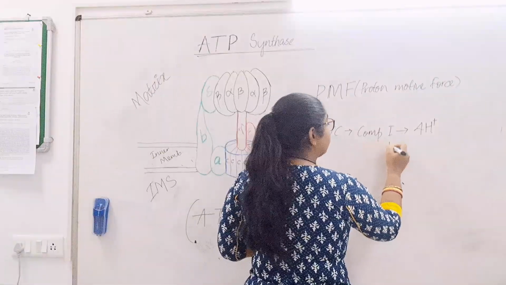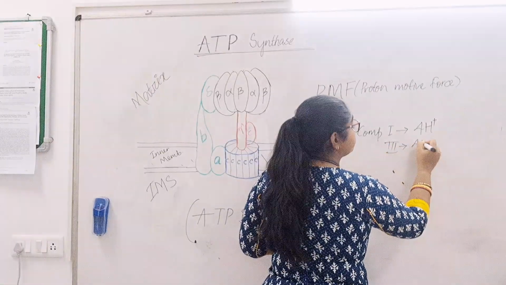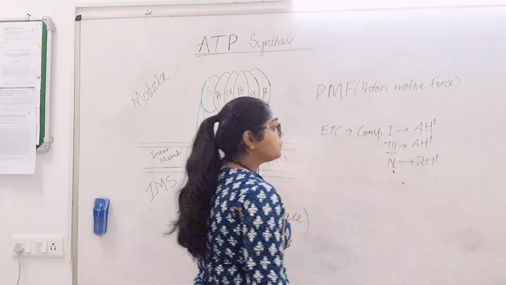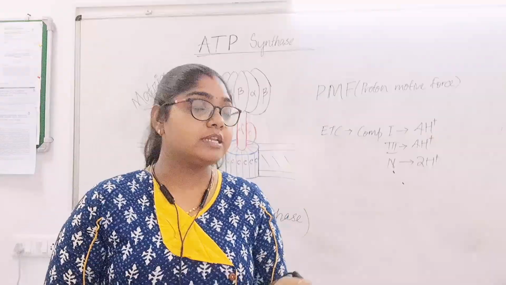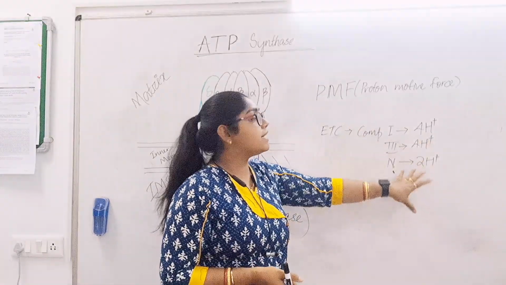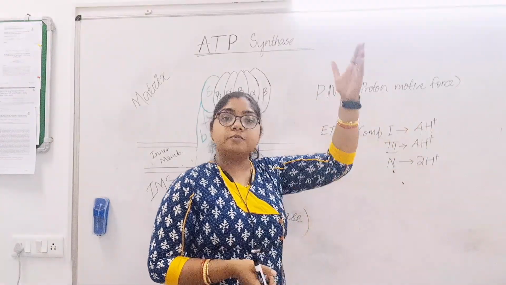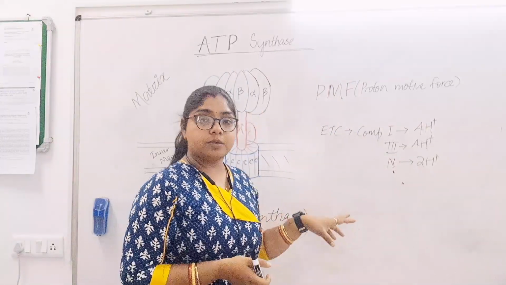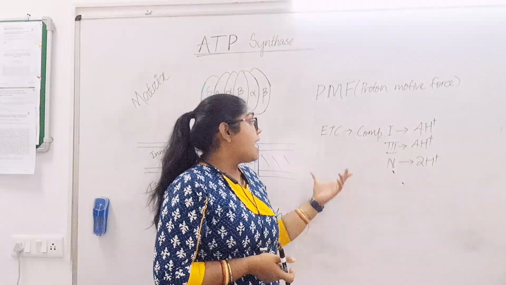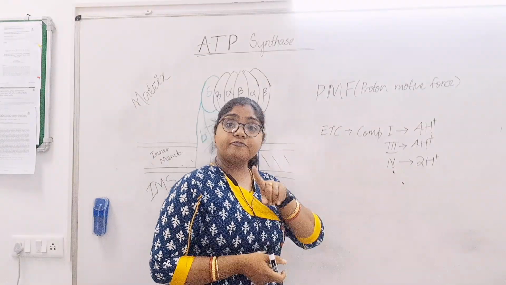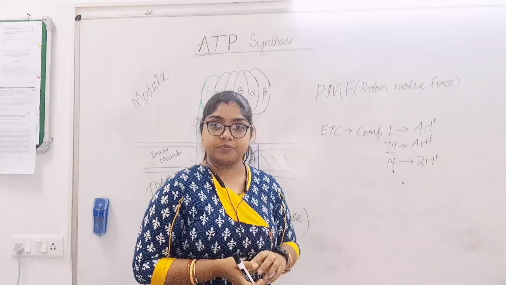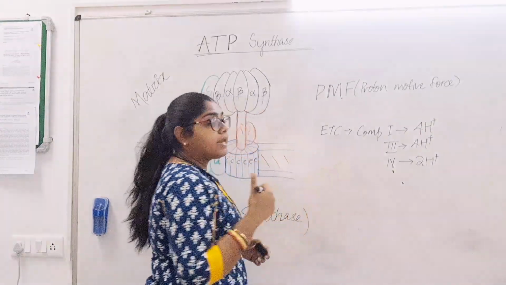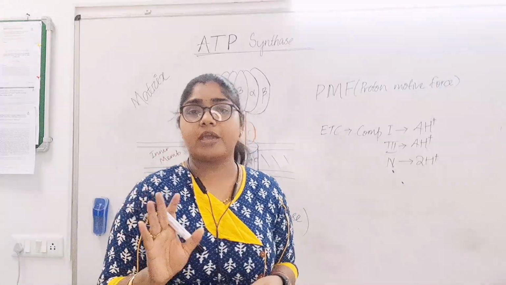Complex 3 pumps four protons, and complex 4 pumps 2 protons. So in total 10 protons are pumped from the matrix to the intermembrane space through the inner membrane of the mitochondria, for one NADH, and 6 protons for FADH2, as we have already discussed.